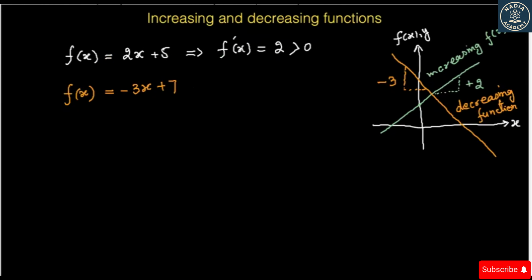And for this second function, its derivative f prime of x is negative 3, because the derivative of negative 3x is negative 3, and the derivative of a constant term is 0. And this one is smaller than 0.